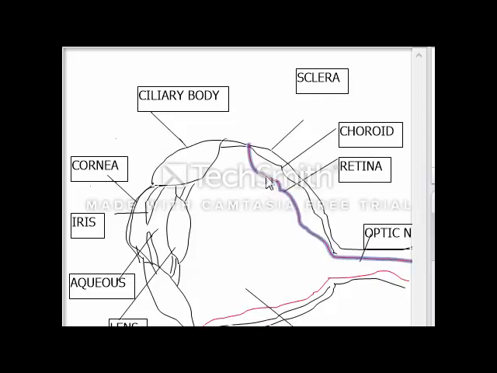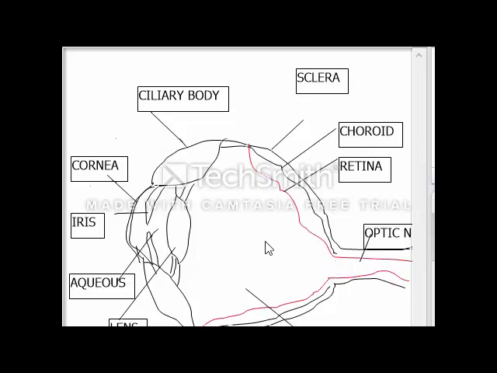This retina contains nervous tissue, and it is from this retina that images are captured at the level of the fovea centralis. The fovea centralis is the area where you have the highest acuity. So the fibers will now converge and enter the optic disc and into the brain. This is the optic nerve. This place is called the optic disc or the blind spot because it has no photoreceptors.